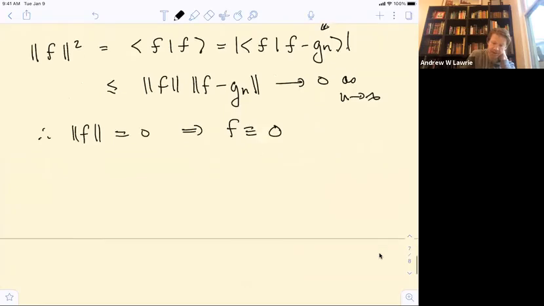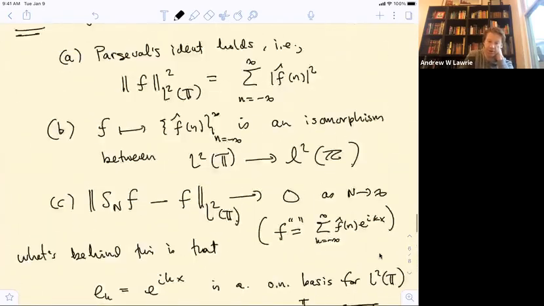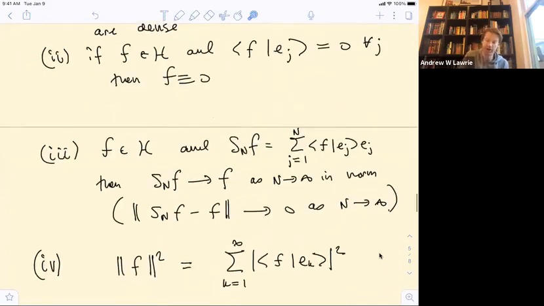Let's now prove that 2 implies 3. Let's remember what these are. So 2, again, is that if you have an inner product between f and every element of the orthonormal set, then f has to be identically 0, and we're trying to prove that this sequence of partial sums converges to f in norm.